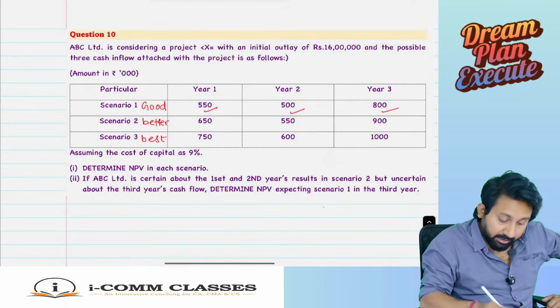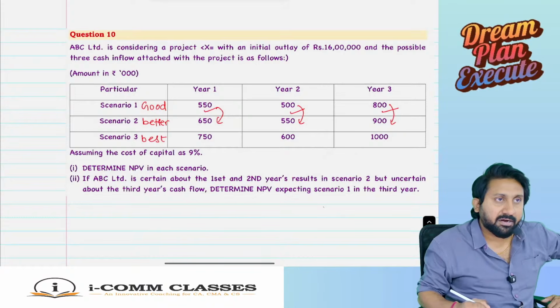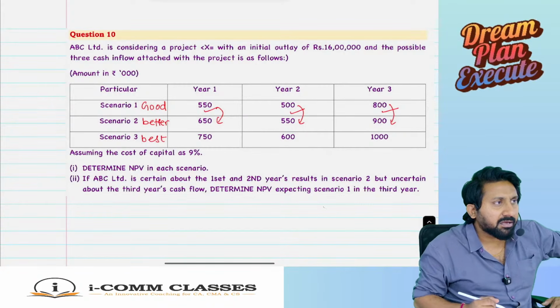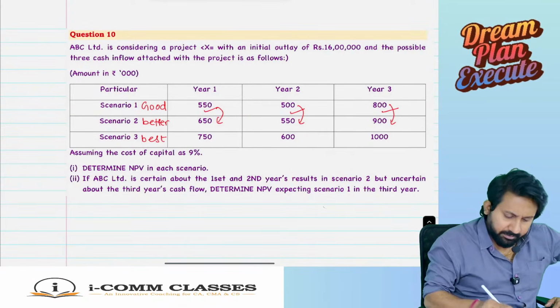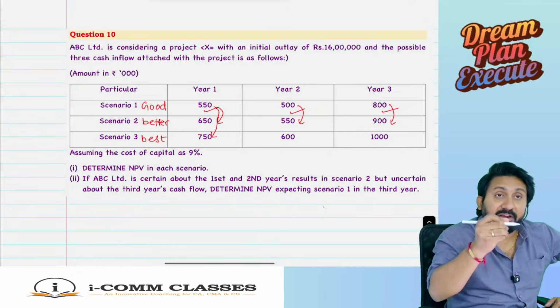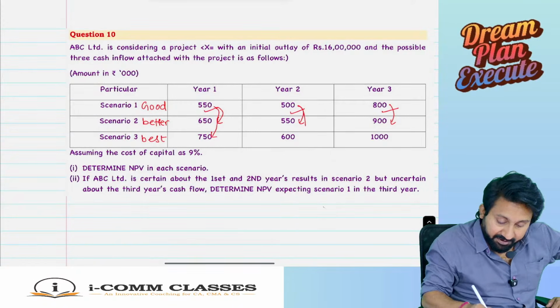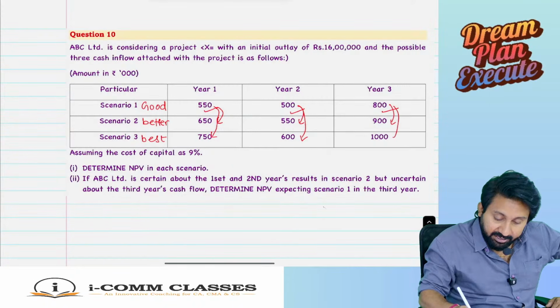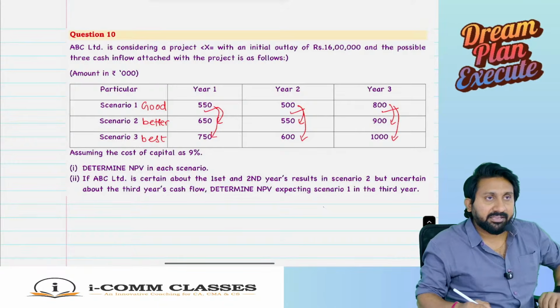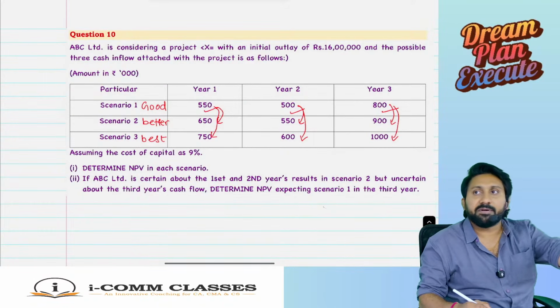If it is better, 550 becomes 650, 500 becomes 550, 800 becomes 900. If it is best, 550 becomes 750, 500 becomes 600, 800 will become 1000. I think now you can understand the three scenarios, everyone.